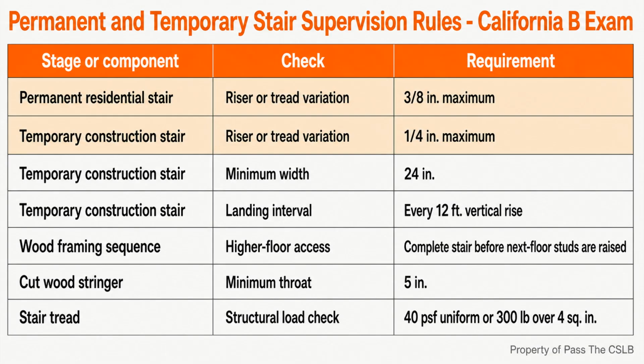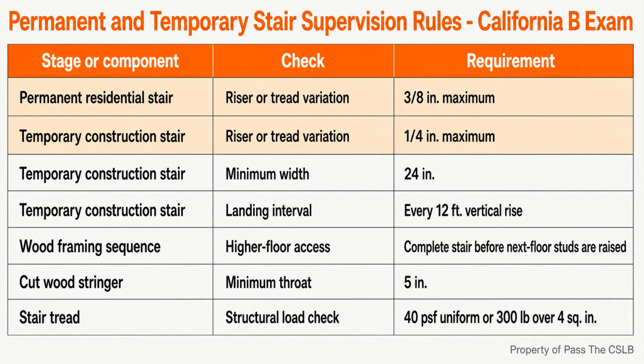The throat is the narrow solid wood left between the inside corner of the notch and the bottom edge of the stringer. If that section becomes too thin, the notches remove too much of the member. The practical field choice is not to force a layout onto undersized material or deepen cuts until the numbers fit. The stringer size, total rise, total run, and supported design all have to work together.